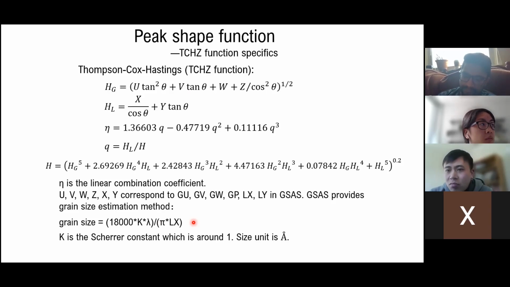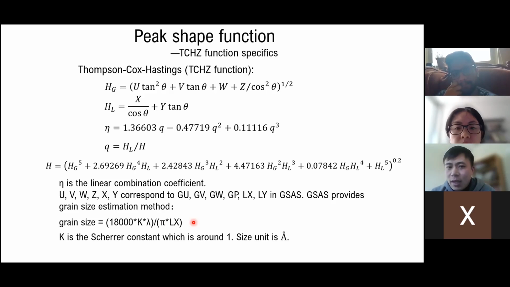And to be more accurate, actually, people need to define what they mean by the grain size, right? People normally cannot show a graph and say, this is the distribution of my samples, but people would use, for example, the volume weighted grain size, which has a more accurate definition, because the volume weighted grain size has embedded information about the distribution of your particle size, and apparently that cannot be calculated simply by the Scherrer equation, right?